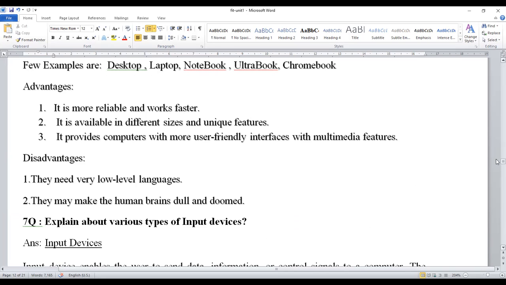Desktop, laptop, notebook, ultrabook, Chromebook, all these things were introduced in the fourth generation. It is more reliable and works faster. It is available in different sizes and unique features. It provides more user-friendly interfaces with multimedia features. We'll have a look at fourth generation computers also.